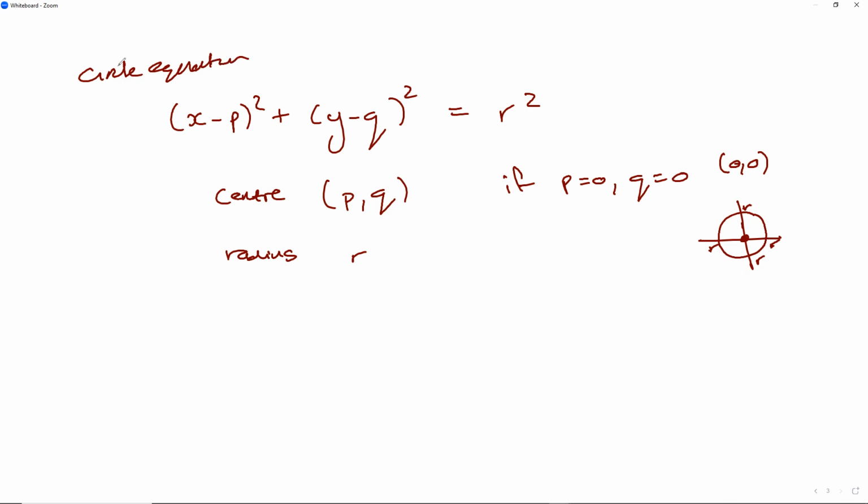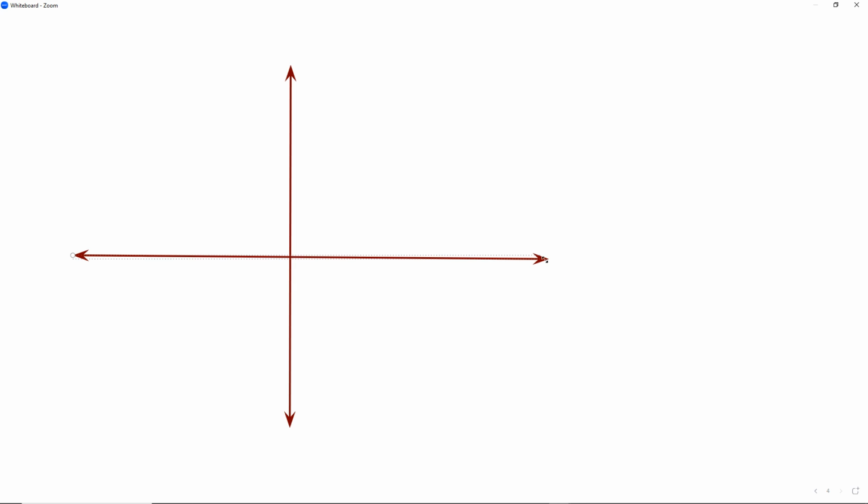And you can get given the circle, and you've got to find the equation. So let's suppose you were given a circle and you've got to find the equation.